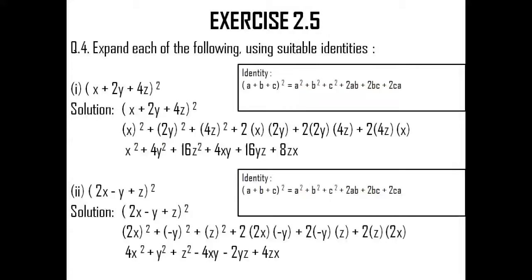That is 2 2s are 4, 4xy plus 2 2s are 4, 4 4s are 16yz plus 2 4s are 8, 8zx. As simple as this. So, what is the final answer? The final answer is x square plus 4y square plus 16z square plus 4xy plus 16yz plus 8zx.